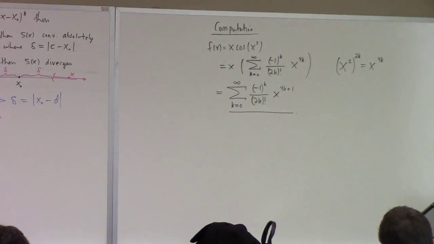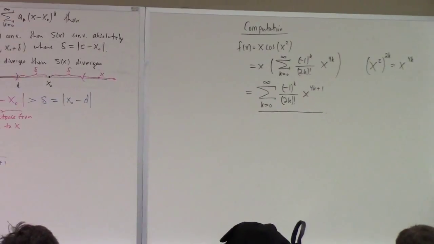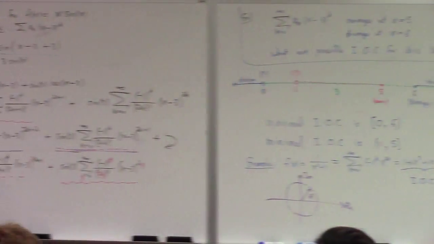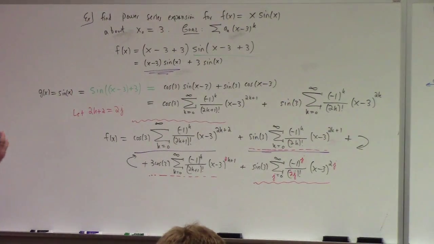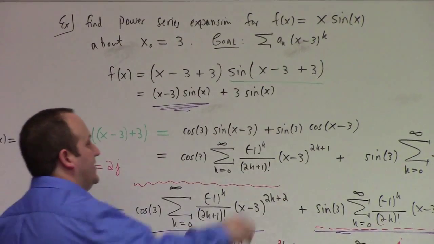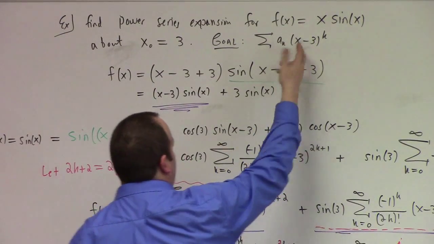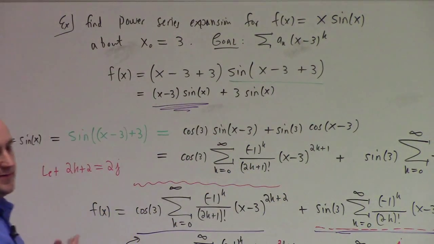Here is a next level obfuscation of that example. Find the power series expansion for x times sine of x at x not equals to 3. My goal is to write it as something like that, basically, right? Like a particular coefficients times x minus 3 to powers. This is less pleasant.